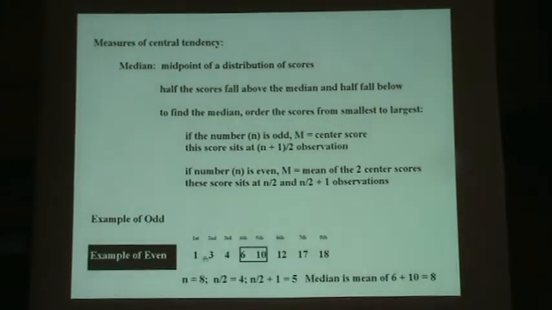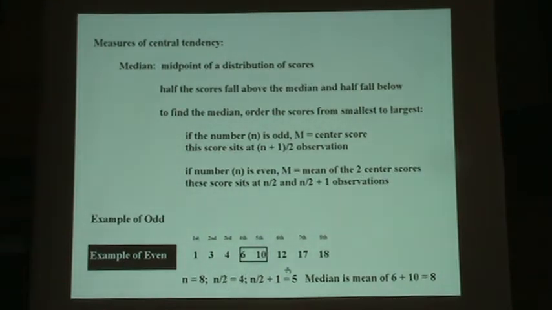Okay, here we have a data set. 1, 2, 3, 4, 5, 6, 7, 8 pieces of data. So the number of data in this is 8. To find out where the median would be, it would be the mean of the score that is at the n divided by 2 place.